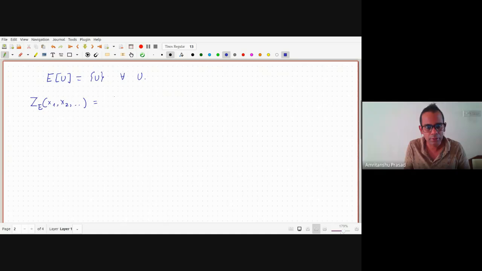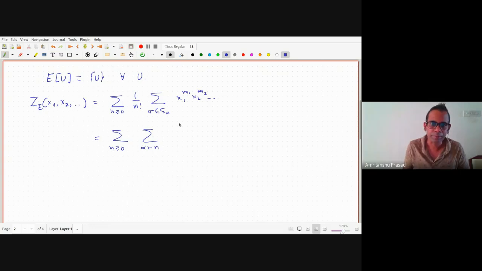So this is the summation, n greater than or equal to 0, of 1 over n factorial, sum over sigma in S_n. And then we have just one element and it's fixed by every permutation, so I don't put anything. Then I just have x1 raised to m1, x2 raised to m2, where m_i is the number of i-cycles in sigma. So then you can write this as summation n greater than or equal to 0, and then sum over partitions of n, where alpha is the partition 1 raised to a1, 2 raised to a2, and so on.